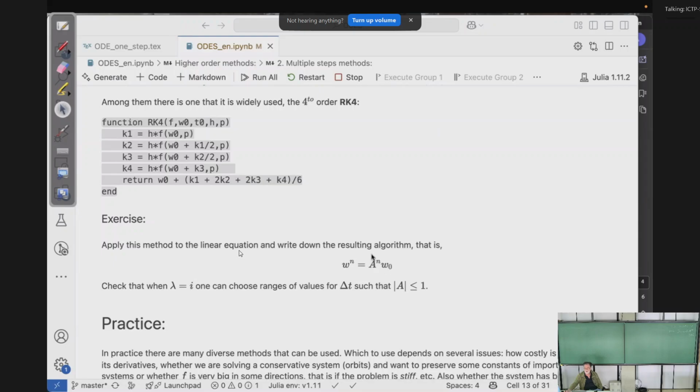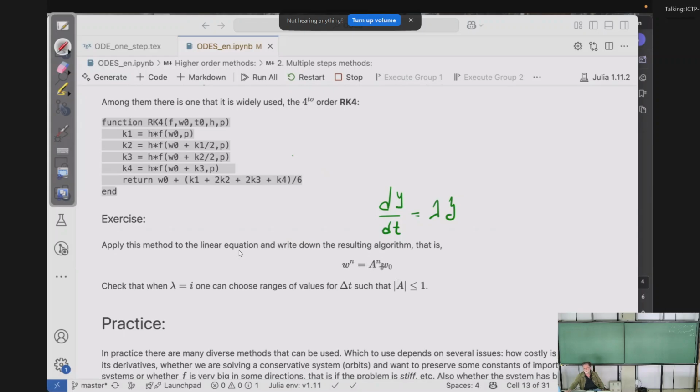Now you can look at the amplification factor of this, right? So any of these methods, at the end of the day, for the linear equation dy/dt equals lambda y, is something like this, with some a here.